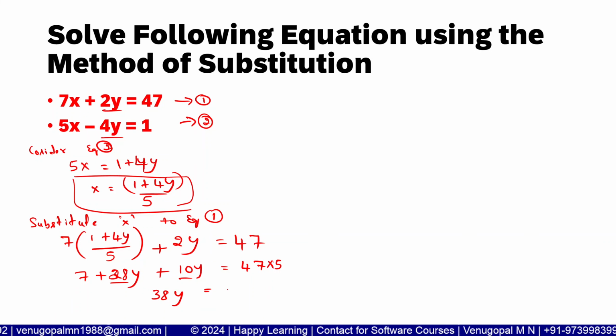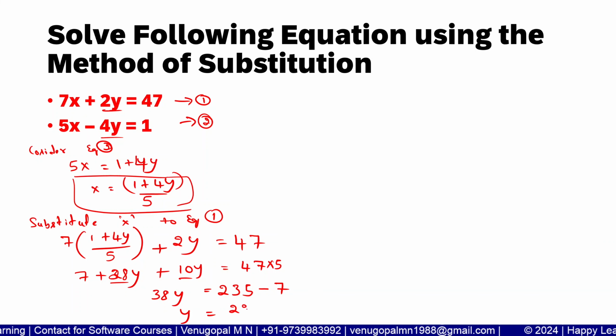47 into 5 would be 235, you can multiply, simple multiplication, minus 7. Okay, 38y, y is equal to, if you subtract, what will happen? It would be 228, and this 38 will go to the denominator.